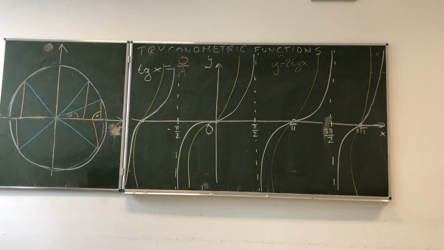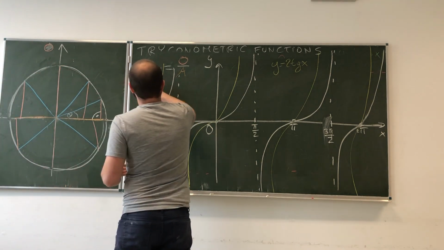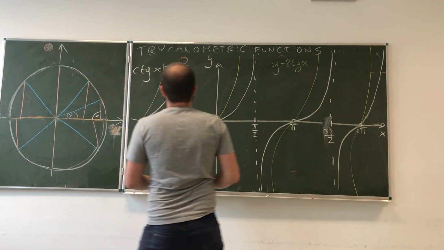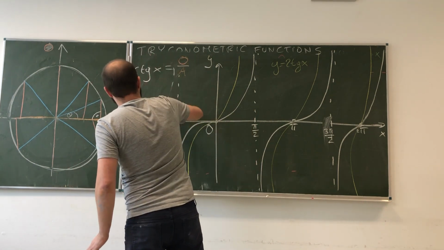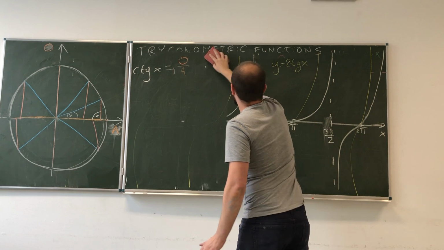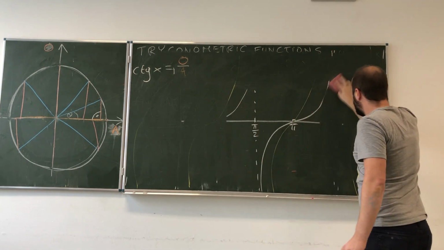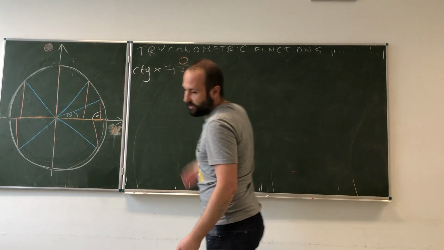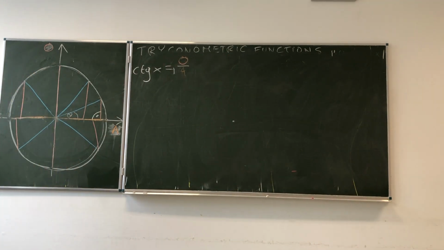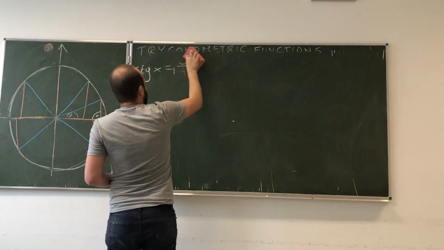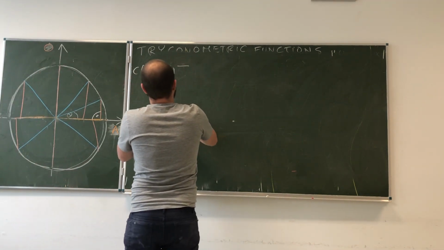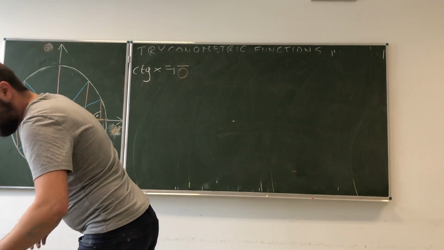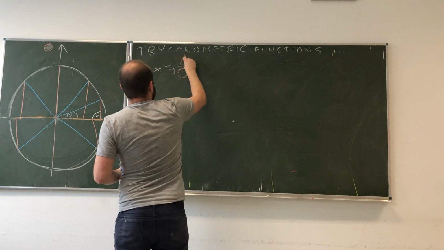Okay, and finally, the last function we're going to cover is cotangent x, and all we gotta do to get cotangent is to reverse things in the denominator. It's to get the reciprocal. So now opposite is gonna be here, and adjacent is the orange one.